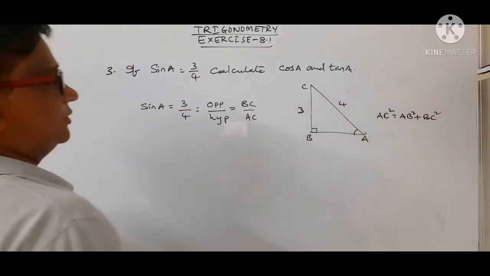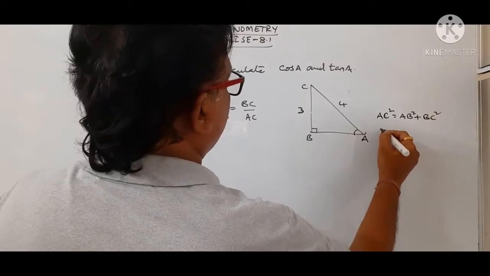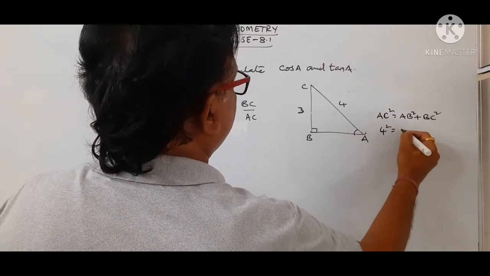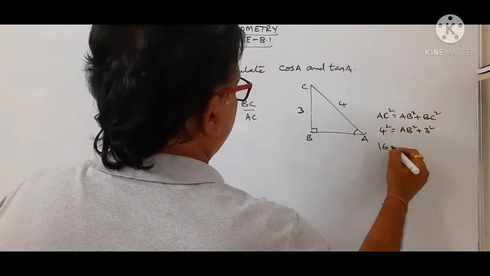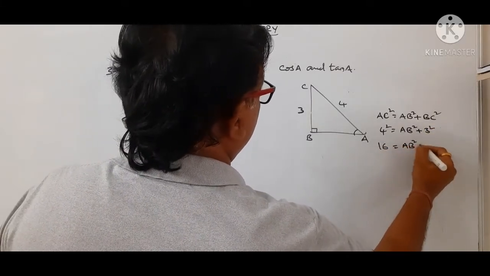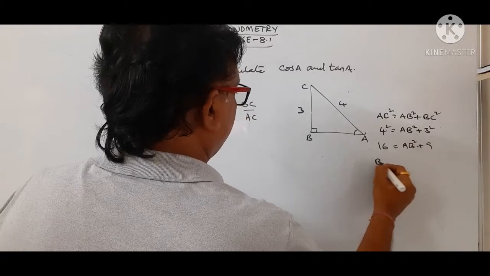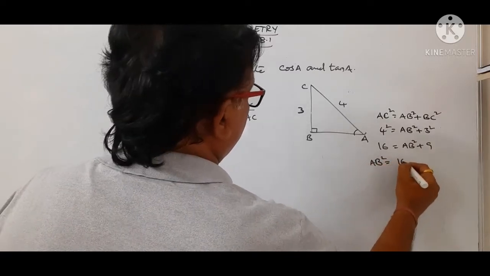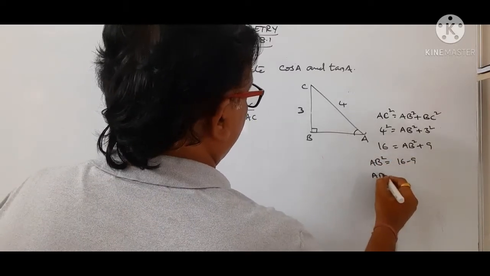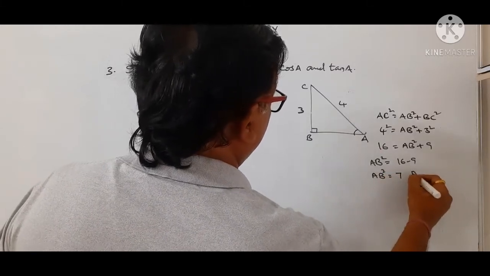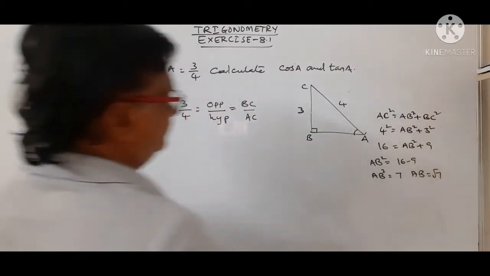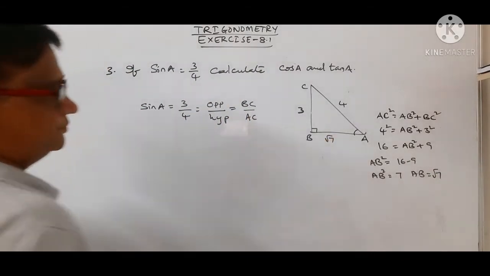So 4 square equals AB square plus 3 square. So 16 equals AB square plus 9. AB square equals 16 minus 9, which is 7. So AB equals root 7. So this side is root 7.